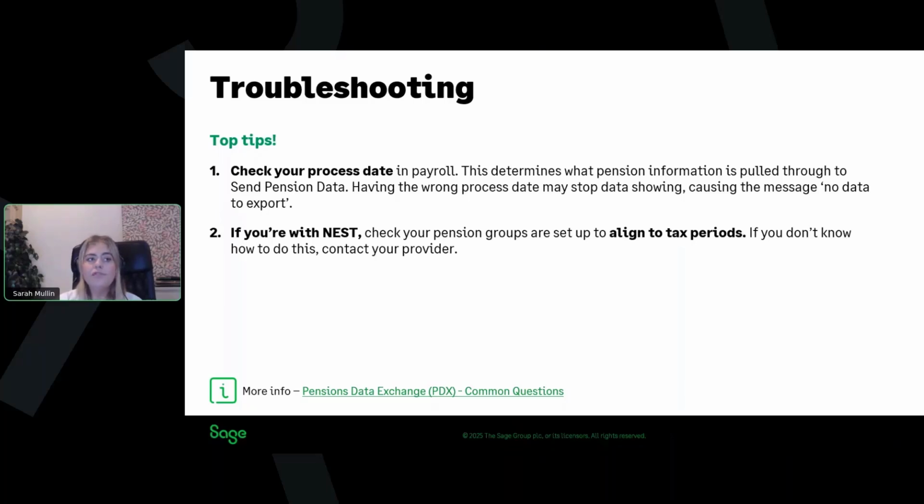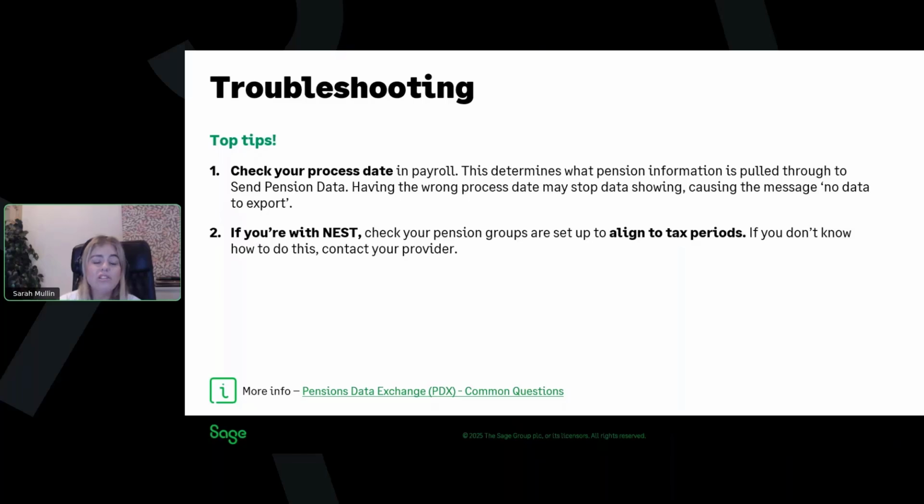Now, next thing is for Nest users, if you submit your pension data and you might get an error back, or even when you're setting up pension data and you're getting an error in the management centre, do keep an eye out for any date-related errors. So you want to check your pension groups on the Nest portal aligned to tax periods, not calendar months. So I did touch on this earlier, but I would definitely check before you set up pension data exchange.